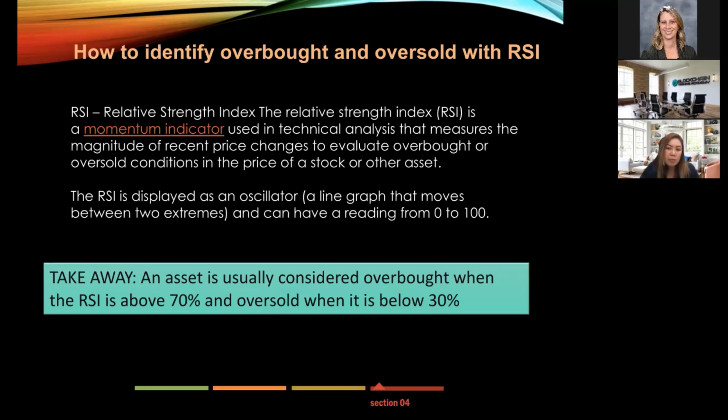This is displayed as an oscillator, as a graph that measures from 0 to 100. So you guys don't have to worry about that. But the main takeaway that I want you guys to understand is that what is measured as overbought is if RSI is over 70%, and what is oversold is when RSI is below 30.